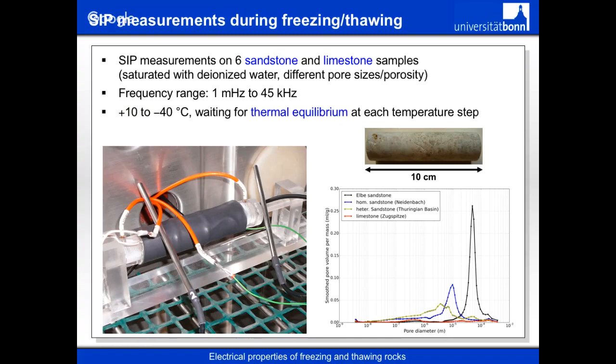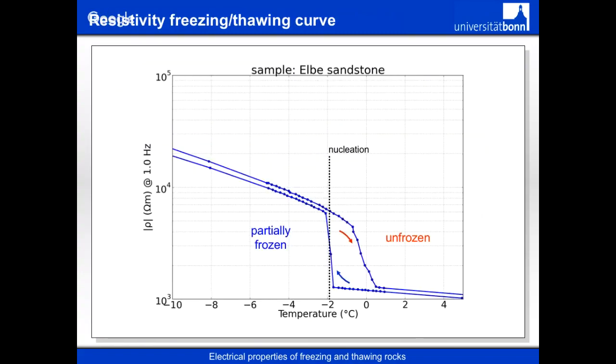And basically we put them in a small climate chamber, and started in an unfrozen state somewhere here. You see here temperature in degrees Celsius, 4 degrees, and then we exposed the sample to lower temperatures. And we did that not dynamically. In the end we used small temperature increments and actually waited about 4 hours.